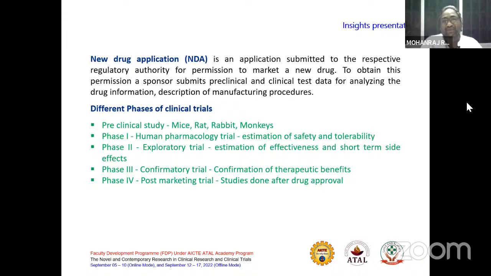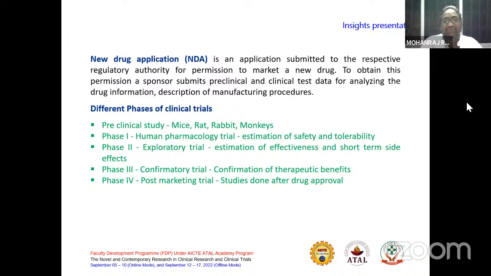With this, a sponsor submits preclinical and clinical test data for analyzing the drug information, and a description of manufacturing procedures. The preclinical study is performed in mice, rats, rabbits, and monkeys.